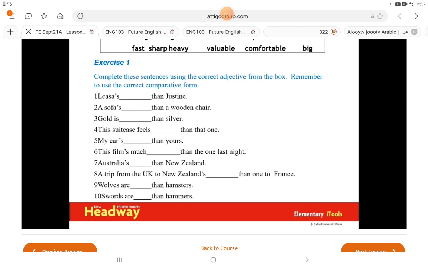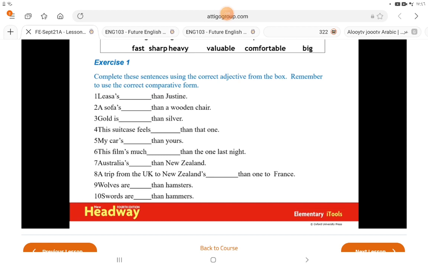A sofa, then a wooden chair. Use this one, heavy. Heavier than a wooden chair. Very good. Thank you.